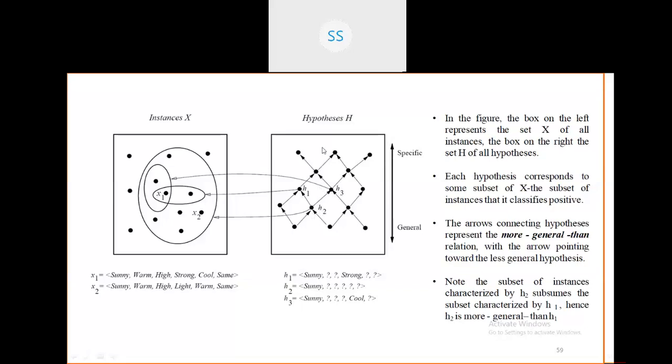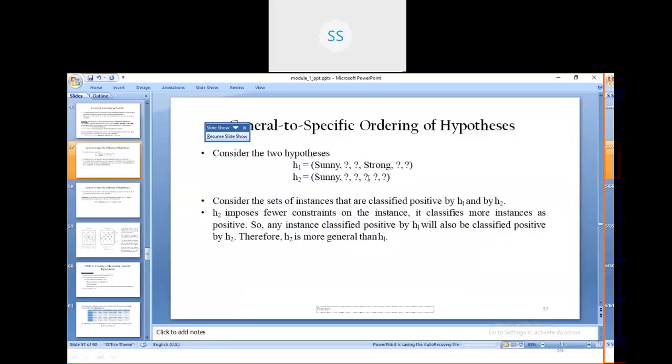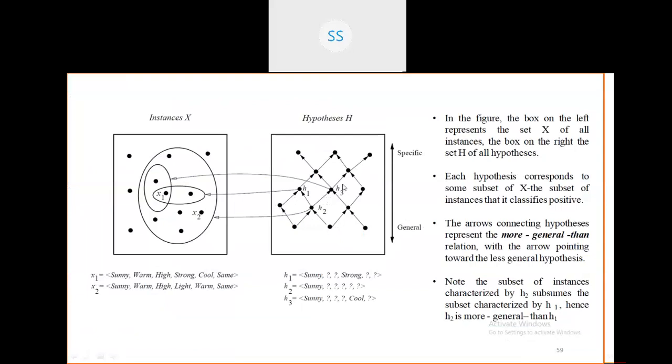As you go in this direction, you get more specific hypotheses, and if you come the other way, you get more general hypotheses.